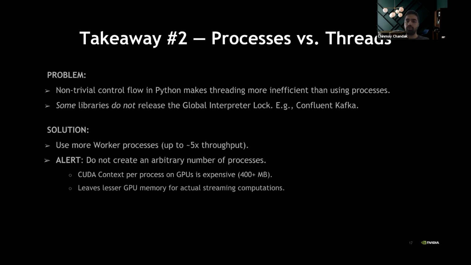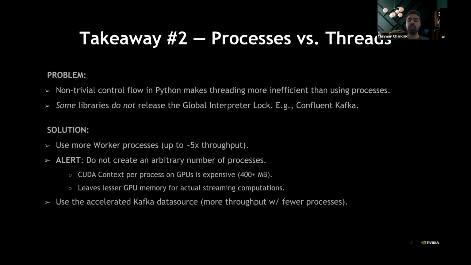So if your GPU RAM has, say, 8 gigabytes of memory, and you're creating, let's say, 10 processes to get more throughput, you're basically eating up 4 GB, half your GPU memory, just for the sake of it. And that leaves less GPU memory for the actual streaming operations. You can also use the accelerated Kafka data source that we wrote and Jared talked about, which alleviates this problem and gives a lot more throughput with fewer processes.